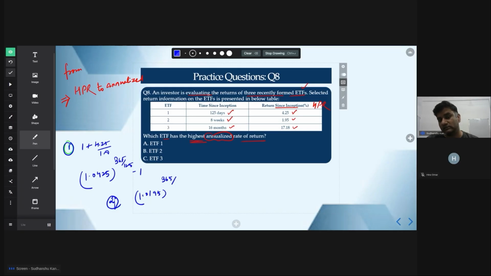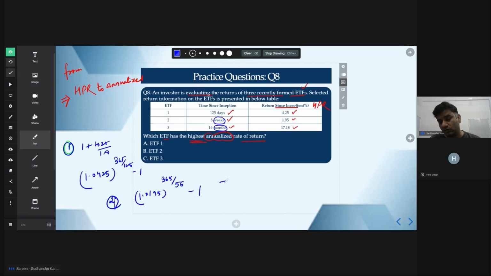Or 8 into 6? What kind of days I want to figure out? So this becomes very confusing. One way is you can put it as 56, so 7 times 8 is 56. Another way to do it is to stick to what convention they have given. If they have given weeks and months, stick to that.